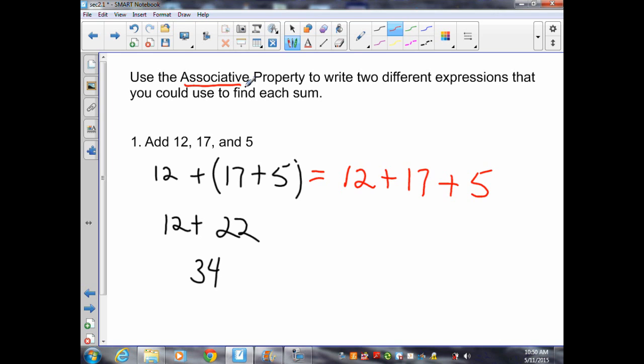And that means my order does not change, but my grouping does. So now I'm going to do the first group here, which is 12 plus 17, which is going to give me 29 plus 5, and 29 plus 5 is 34. So the associative property holds for addition as we stated on a previous slide.